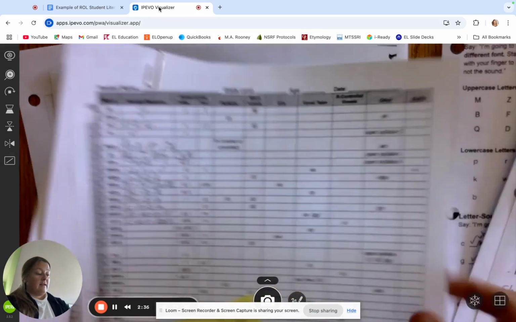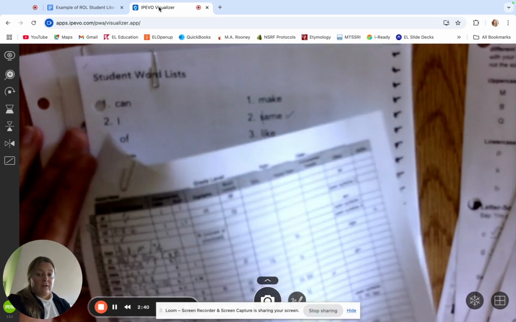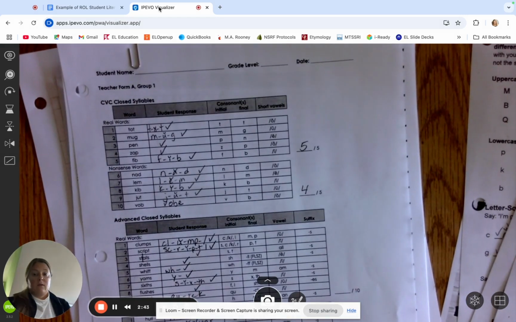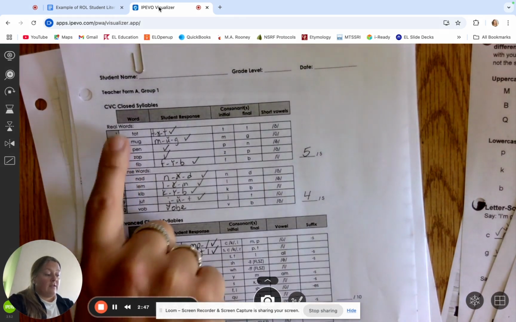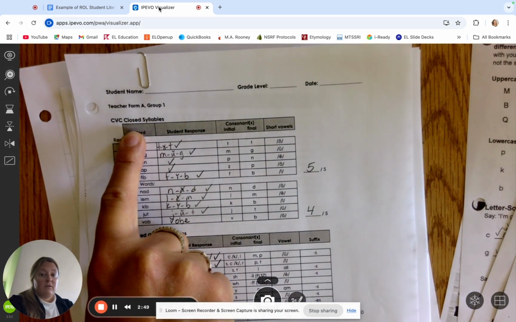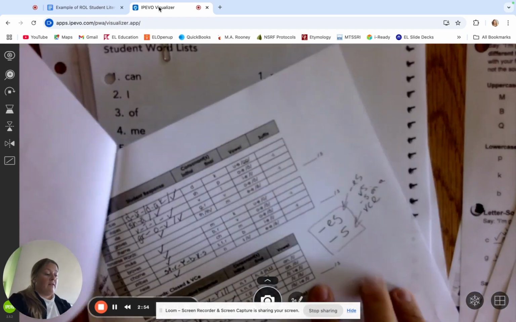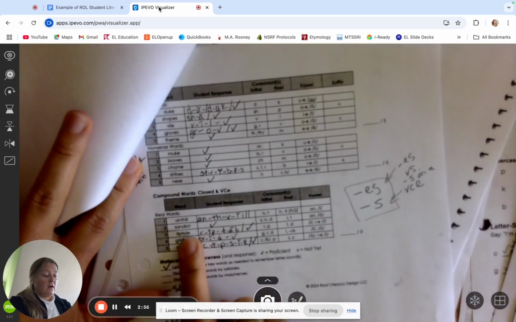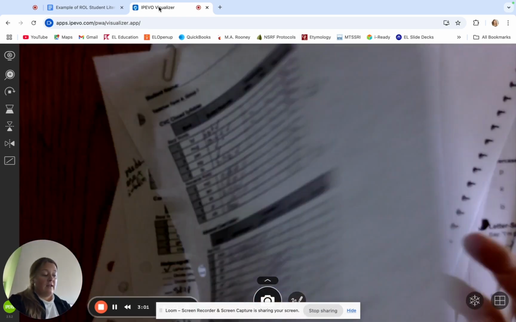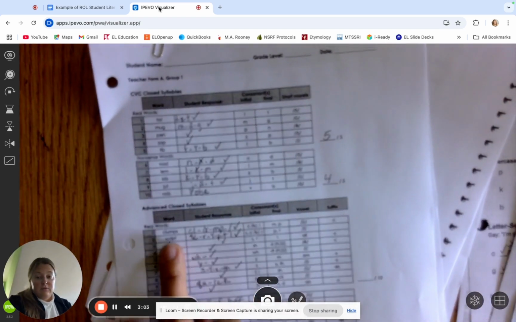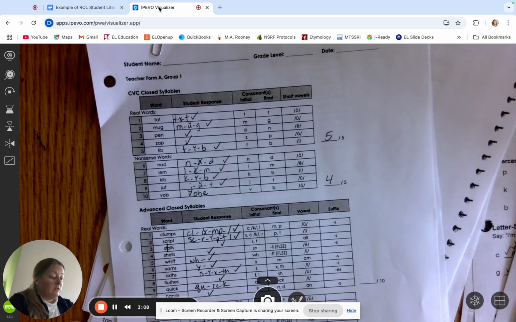So in this case, I stopped and then gave a more specific decoding screener. This one looks at the student's ability to read closed syllables, vowel consonant E syllables, and then compound words that contain closed and vowel consonant E. It also looks at whether they are able to do consonants next to each other, which we often call blends, and the welded sounds.